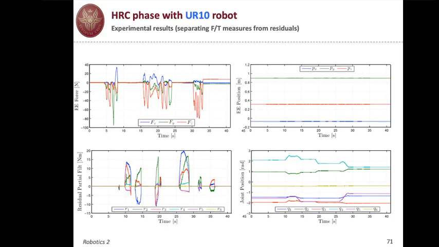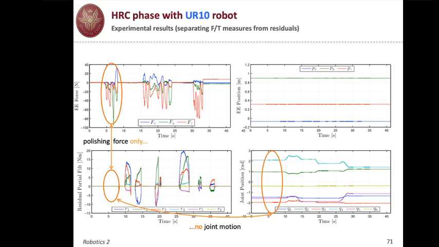Top right, we have the position of the end effector and then the evolution of the joints. Now, in this case, you see that we sense something by the force torque sensor. So the operator is applying a polishing force, but indeed the residual, which includes this force in its computation, remains at 0. So there will be no joint motion. You see that the evolution of the position remains constant.